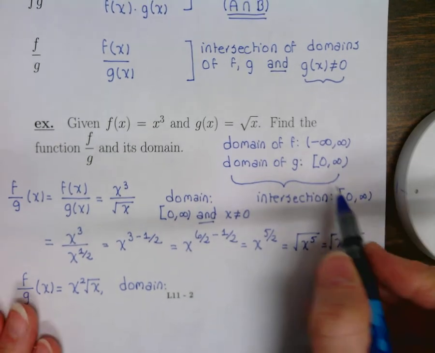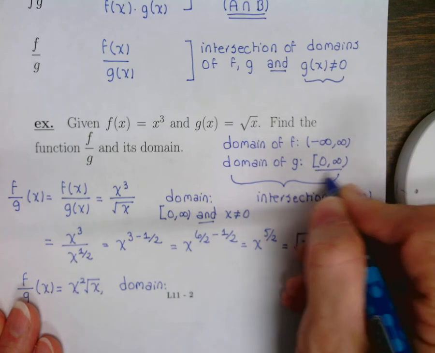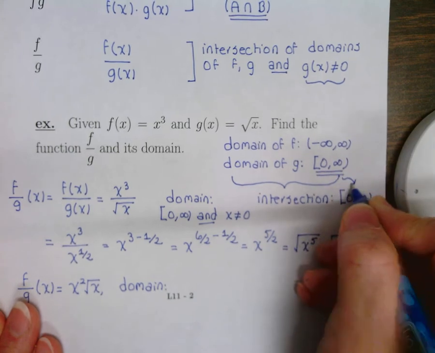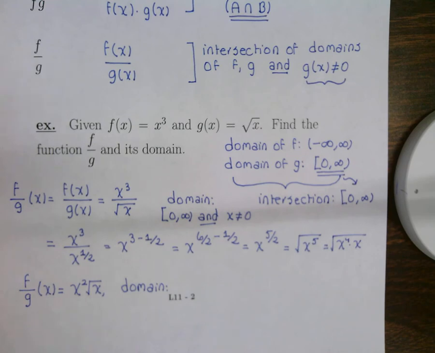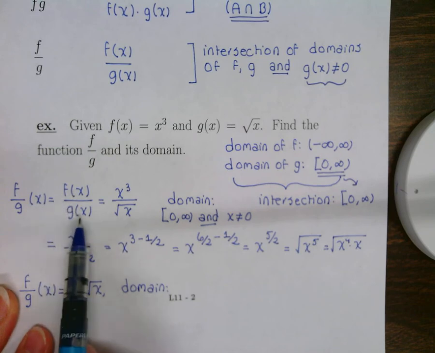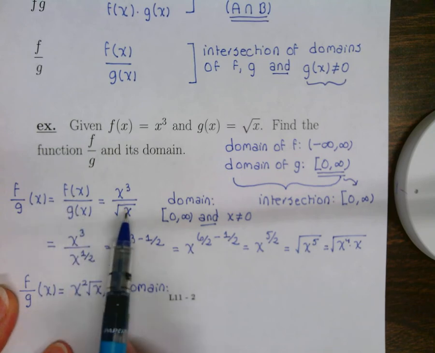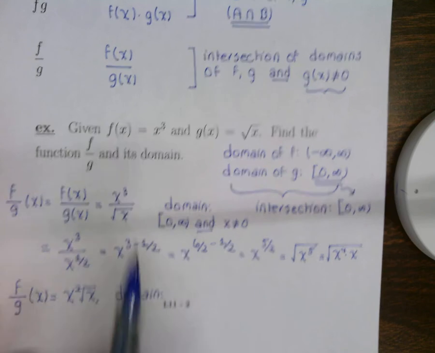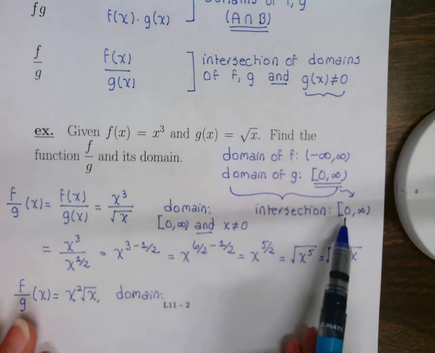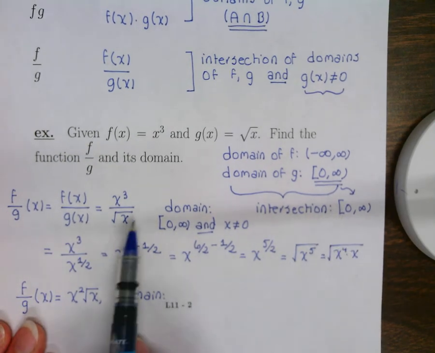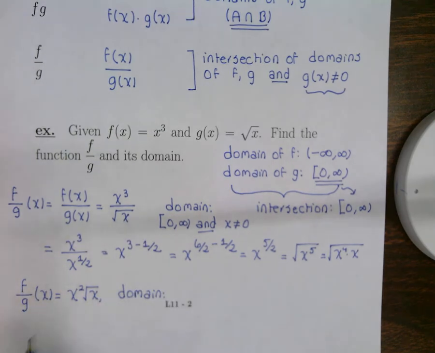And so the intersection is just, in this case, the domain of g. The restriction on g will be the restriction that creates that intersection. And then we said, okay, f over g of x is just the quotient of the two functions, and it looks like this. And at this point, we know that the domain is from 0 to infinity. We also know that x can't be 0, because that would give us 0 in the denominator.